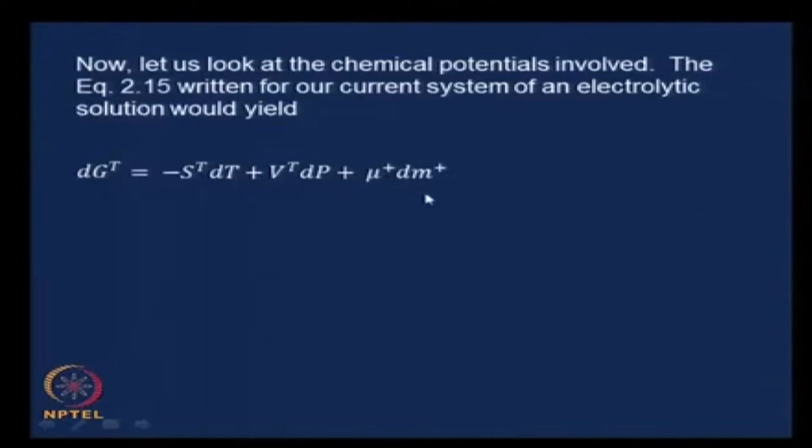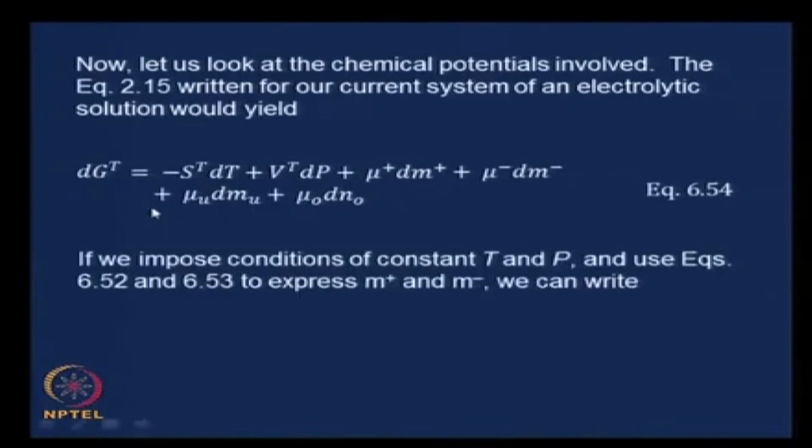Going by our terminology and writing each one of those terms separately, we get mu plus dm plus, plus mu minus dm minus, plus mu of the undissociated species times dmu, the differential of the number of moles of the undissociated species, plus of course you have the solvent there too, mu 0 dn 0, this corresponds to the solvent. We will call this equation 654.